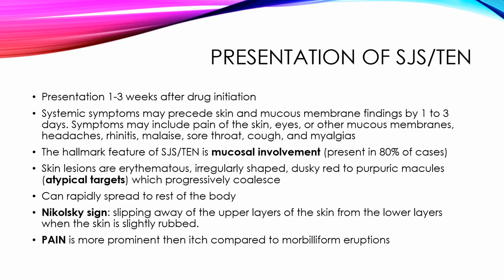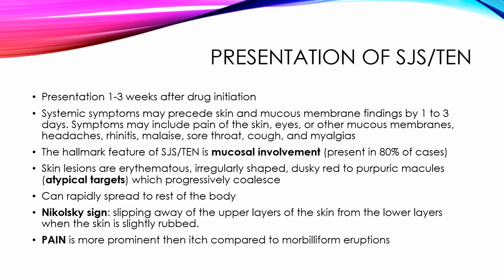I will take a second to note in the environment that we're in, and the whole reason you're having to have this lecture online, I think, is that we are in the COVID pandemic, and that presentation can be very similar for Stevens-Johnson syndrome as we see for COVID. And I have had some doctors who work in the hospitals tell me they've had patients present with Stevens-Johnson syndrome. However, initially they were thought to be a COVID patient because of the presentation, and not until the skin rash presented were they able to differentiate the two.